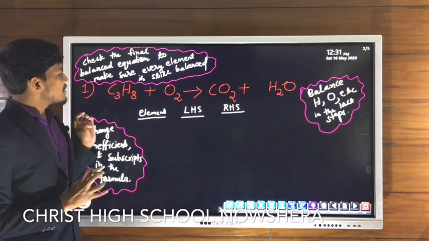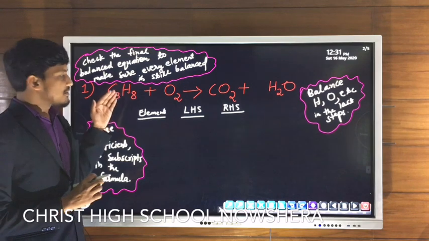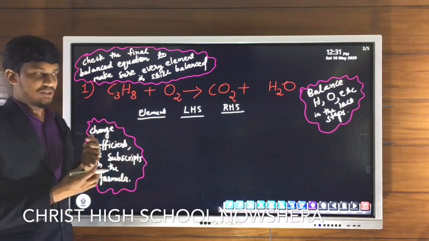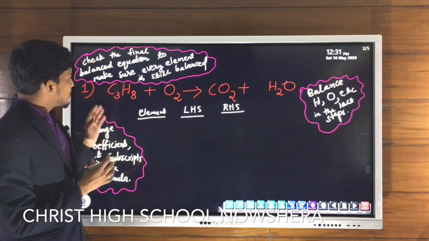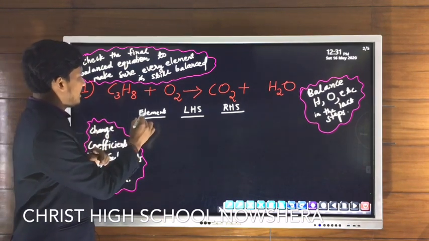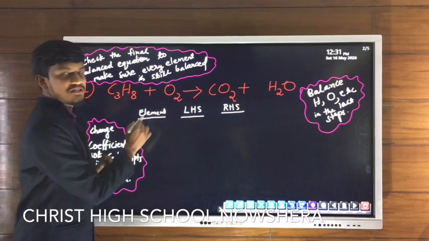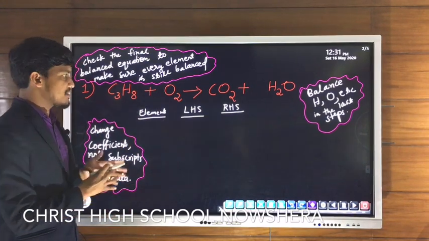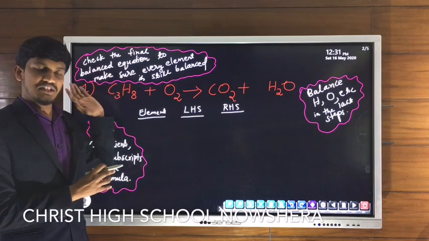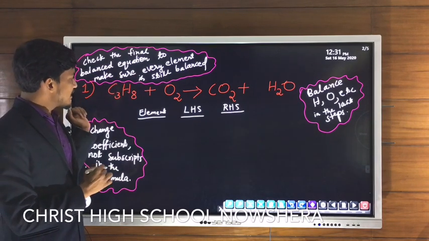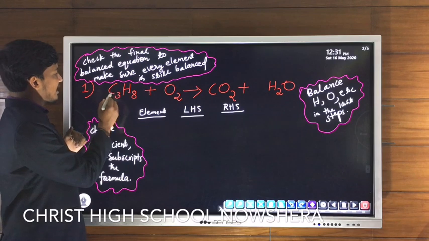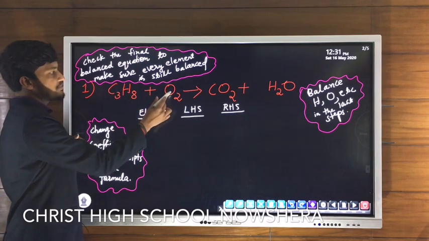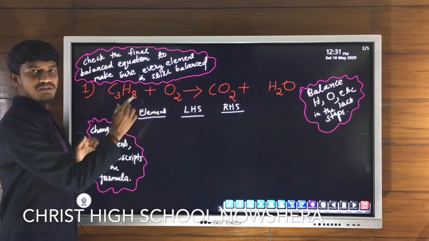For that, the first step is that we will identify which are the different elements present in this equation. So for that, first we will write the heading element. We are going to list the name of the different atoms present in the equation. So in this case we can see that from the first one we have C, carbon, H, hydrogen, and from the second reactant O. Is it clear?